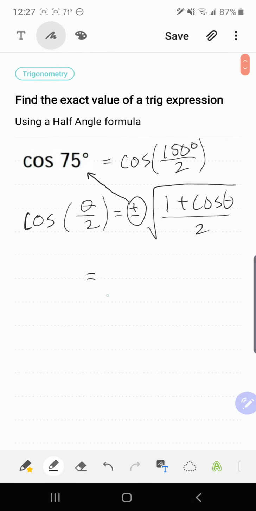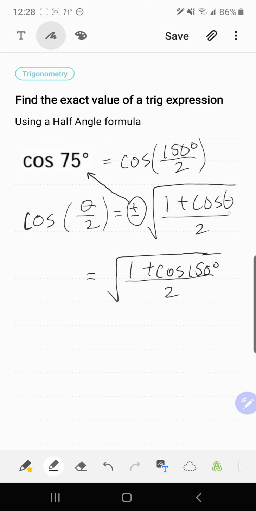If we simplify this expression, it's going to be the square root of 1 plus cosine of 150 divided by 2. Y'all see that the theta in the numerator is the 150. And so we're going to have to go to the unit circle, and we're going to need to look up the x-coordinate at 150.